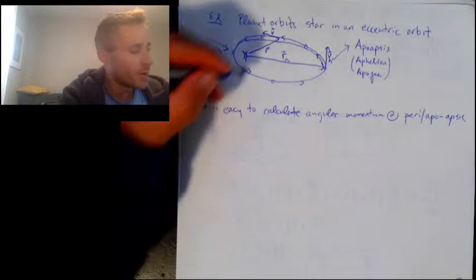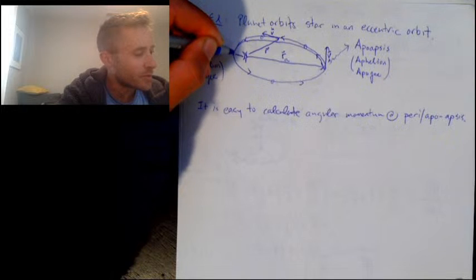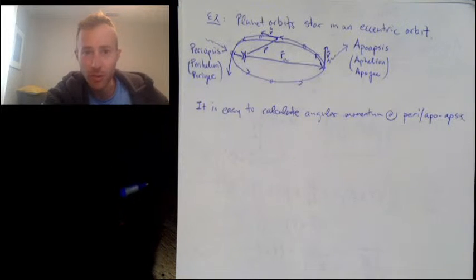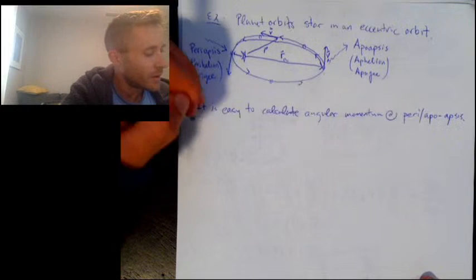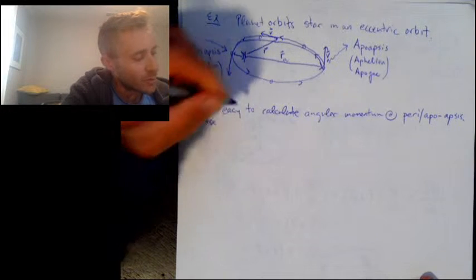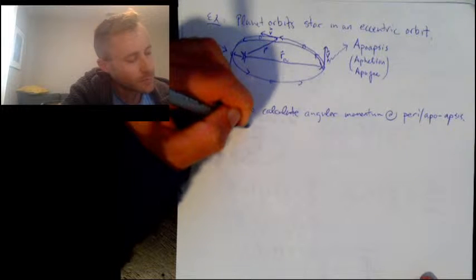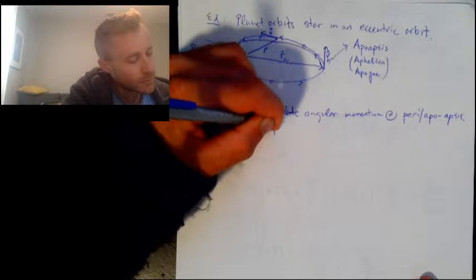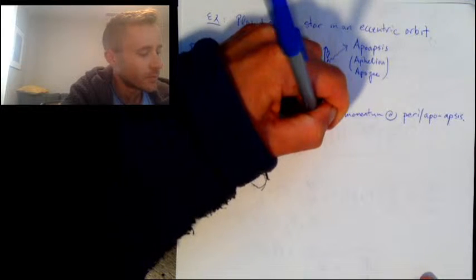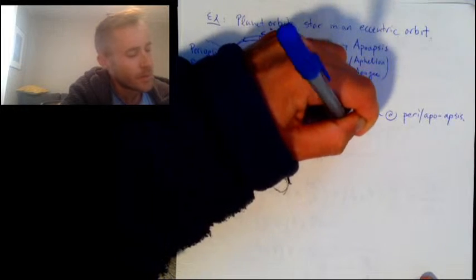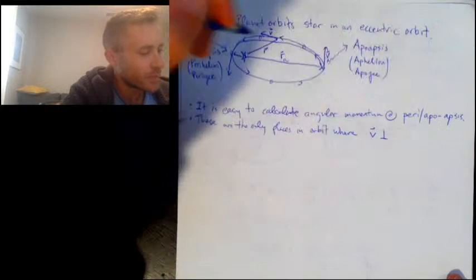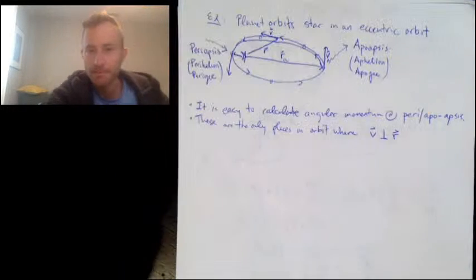But apoapsis and periapsis are the only two places in the orbit where the velocity is perpendicular to the radius vector.